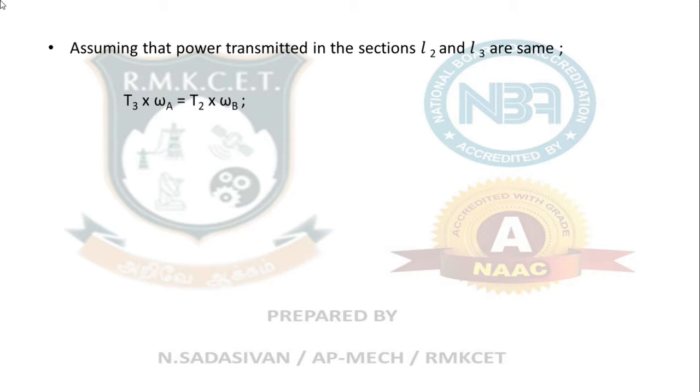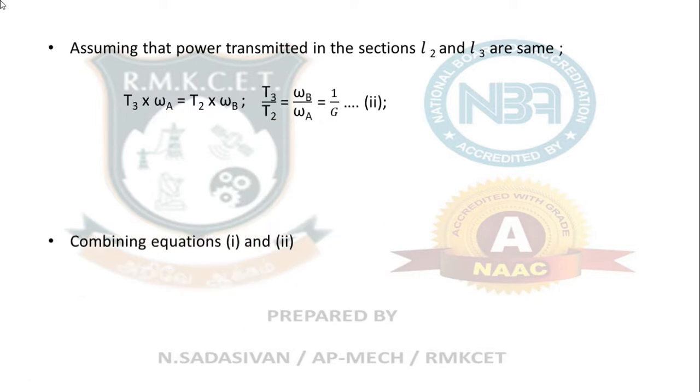Then torque into omega. See, what is the formula of omega? 2 pi N by 60. Correct. If you multiply a torque with that, it will become 2 pi NT by 60. Formula of power. So power given by motor equal to power taken outside. So that's my assumption. Okay. So now what happens? I am cross multiplying. Again, I am getting 1 by G. T3 by T2 equal to 1 by G.